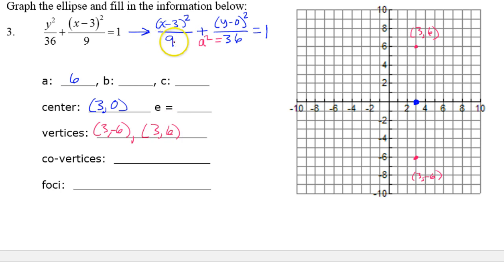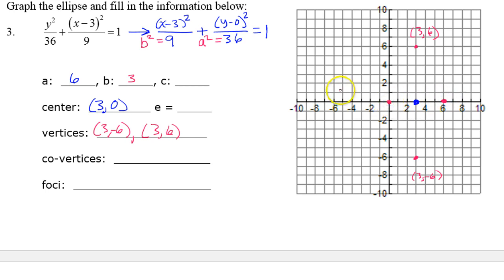Okay, now the smaller denominator is going to be b squared. So b squared is 9, which of course means that b is 3. Notice that the b squared is with the x term, which means my plus and minus 3 will be done in the x direction. So I will go 3 to the right and 3 to the left.